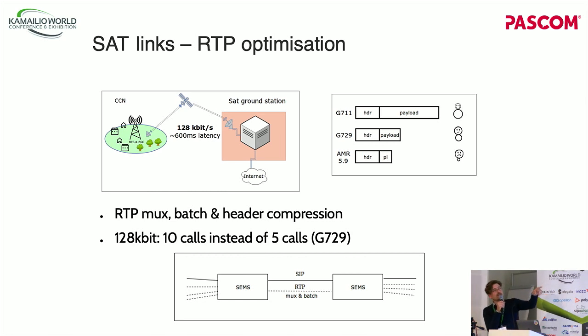If you look at the packets on the right side, for an AMR packet, the normal RTP header for every packet is much bigger than the payload. So I implemented something in SEMS, the SIP Express Media Server, to multiplex and batch different packets of the same call and of different calls, and also to do header compression so that you only transmit what is actually needed.